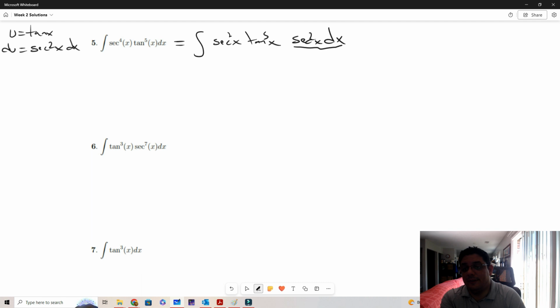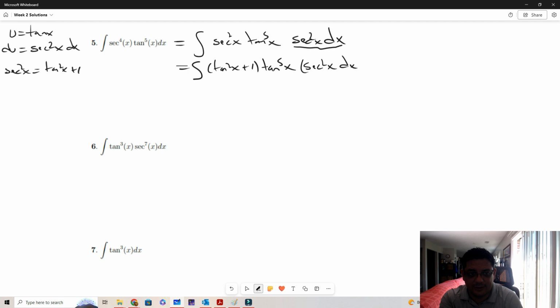Now that I have this, u equals tangent of x, and remember that secant square has an identity that relates it with tangent, which is tangent square plus 1. So pretty much I can transform this into tangent square plus 1 times tangent to the 5 times secant square of x dx.